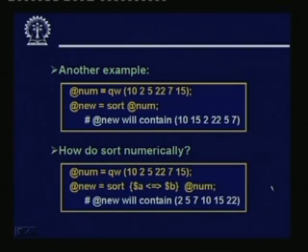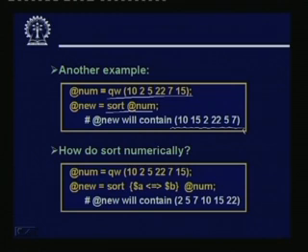But there is a peculiar problem you will see if you try to sort a number array like this. Suppose you had a number array which contained 10, 2, 5, 22, 7, 15, and if you give the sort command to sort this array, what you will find is that you will get a sorted list like this, which is not what you expect in a numerical sorting.